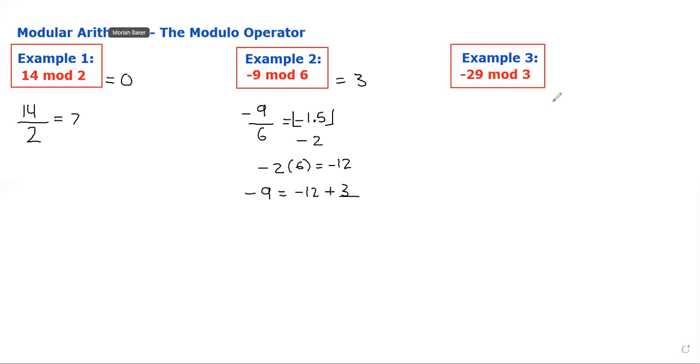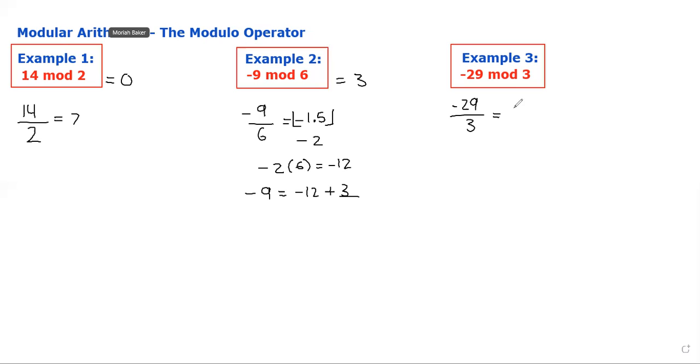Okay, moving on to the final example, we have -29 mod 3. Again, we're going to follow the same process as example number 1 and 2. We write -29 divided by 3 is equal to, well, let's go ahead and do that one on the calculator off screen. So -29 divided by 3 gives us approximately -9.66.